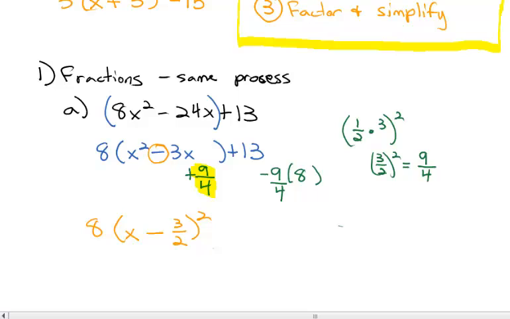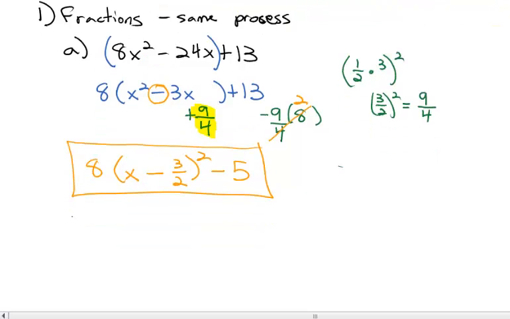And then we have to simplify the 13 minus 9/4 times 8. What's nice here is 8 over 4 is 2, and 9 times 2 is 18. So that's 13 minus 18, which is going to be a -5. And we have now completed the square, putting the expression into what's going to be a more useful form to help us with things such as graphing or analyzing the expression.